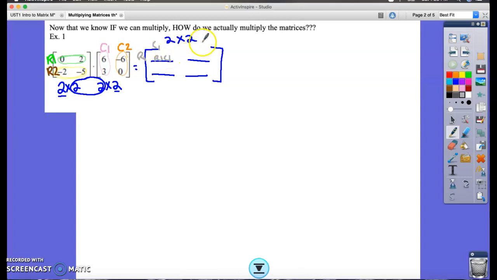I'm going to set up row 1 with column 2. And right here, I'm going to set up row 2 with column 1. And right here, row 2, column 2. I'm going to make this really big so I can explain it in a better way.